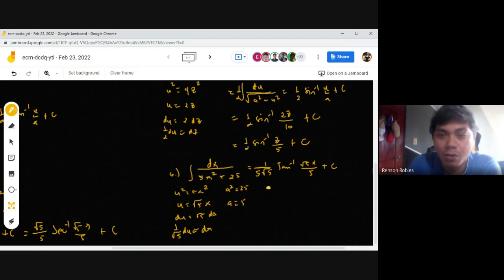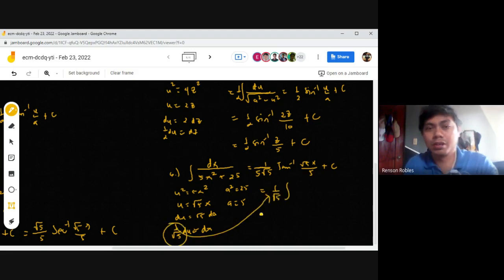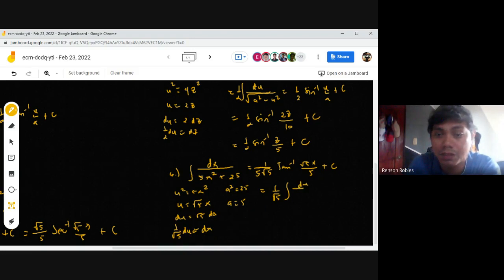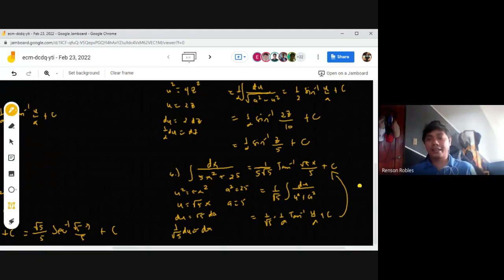So you now have 1 over square root of 5 integral of, that's dx, so that will become du over u squared plus a squared. Clearly, this is an arctangent. You have 1 over square root of 5. There's 1 over a. Arctangent, u over a plus c. Then by substitution, you'll get this.